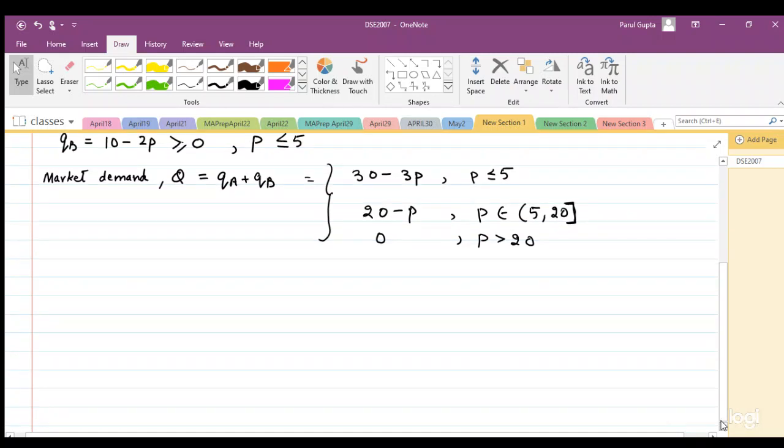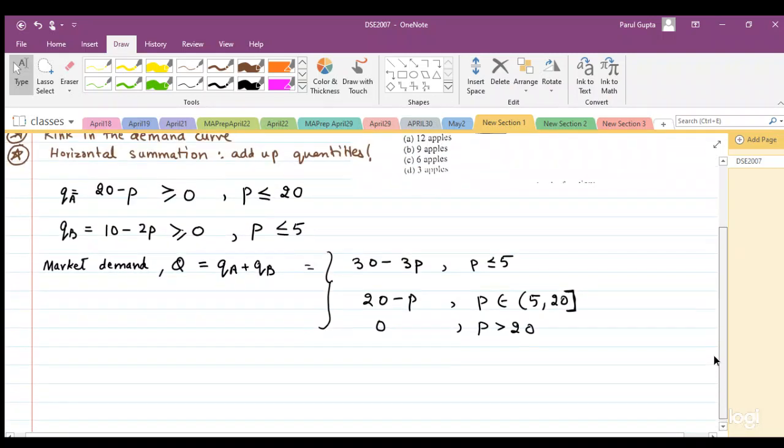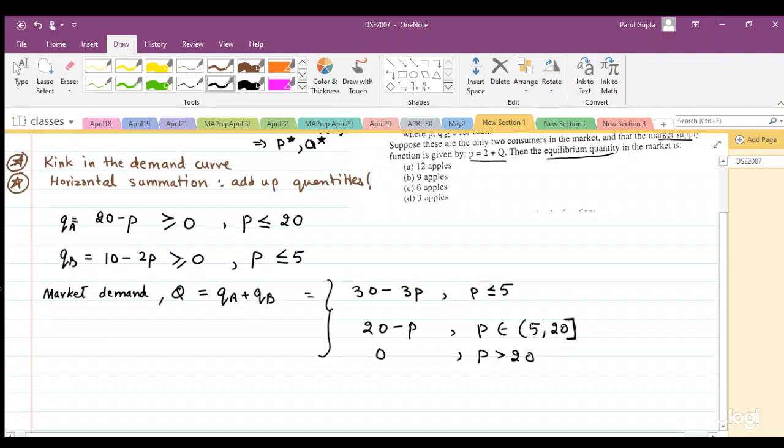So we will first check for the first case. Our supply curve is given as 2 plus Q, but because my demand curve is in terms of P, I will rewrite this as Q equals P minus 2, and then check for an intersection in this segment of the market demand curve.